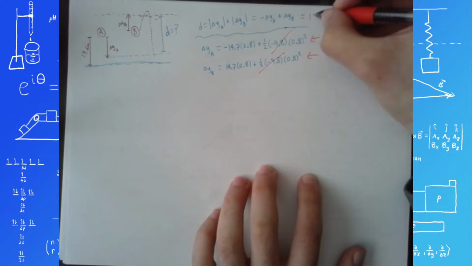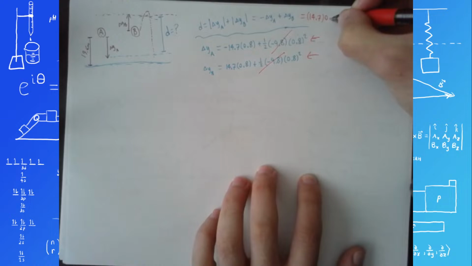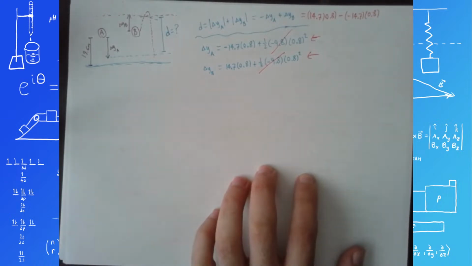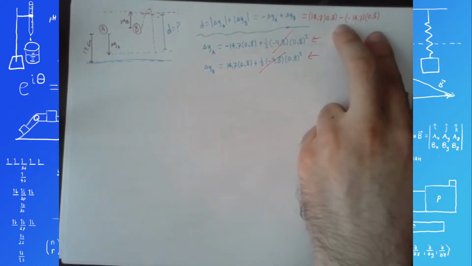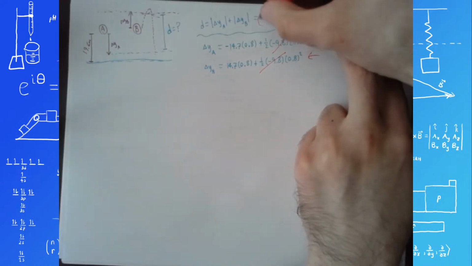I'm getting 14.7 times 0.8 minus negative 14.7 times 0.8. I guess I wrote that in the wrong order. This is the minus delta YA part.